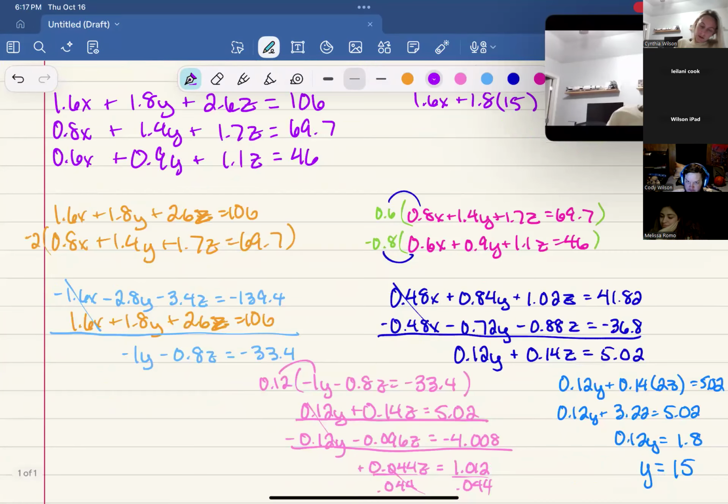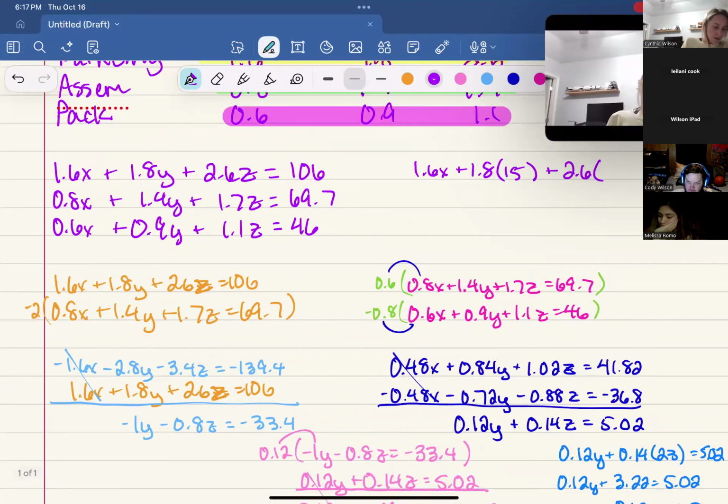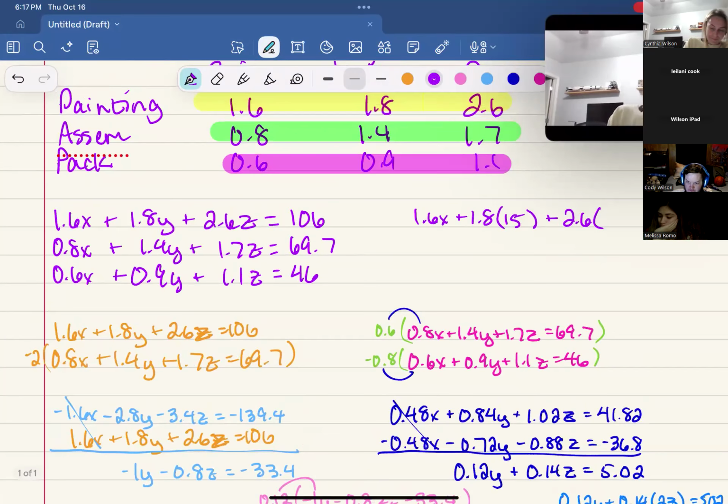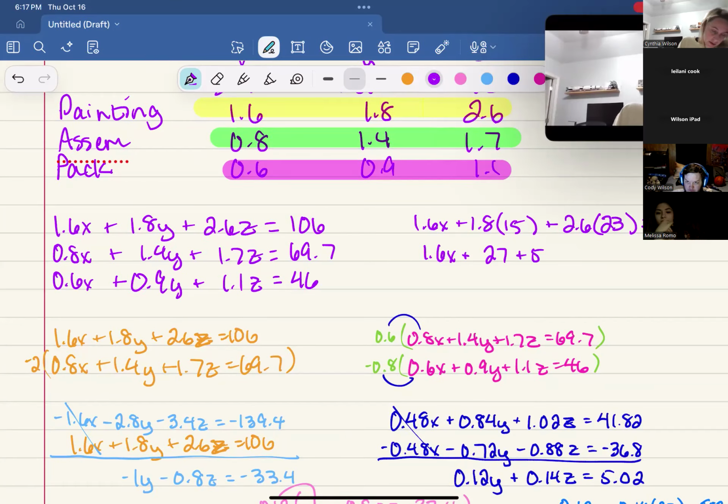The z was 23. All right. So 1.8 times 15 is 27. 2.6 times 23 is 59.8.